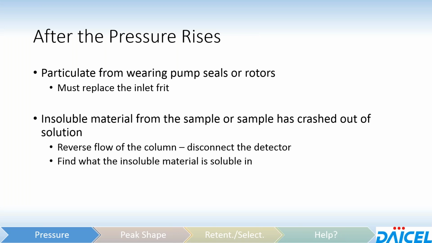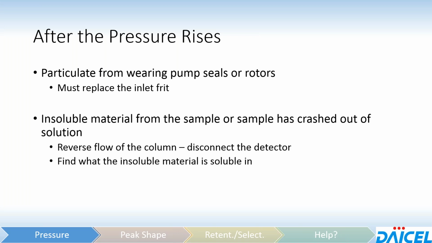The coated phases are not extremely limited, but they're definitely limited in the solvents that you can run through them. And the immobilized columns, even though they are more robust to things like dichloromethane and ethyl acetate, it still doesn't mean that you're going to be able to find something that is able to solubilize whatever it is that's crashed down in the column or on the inlet frit.